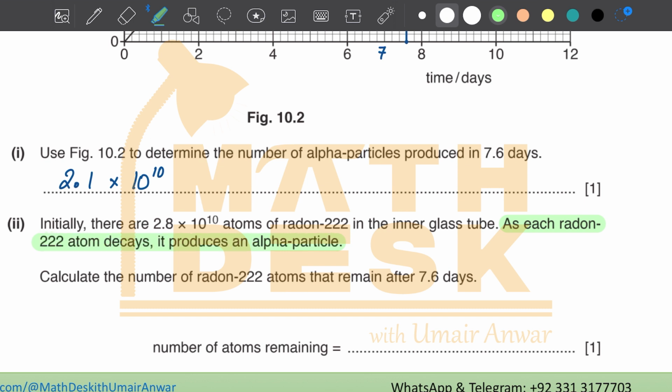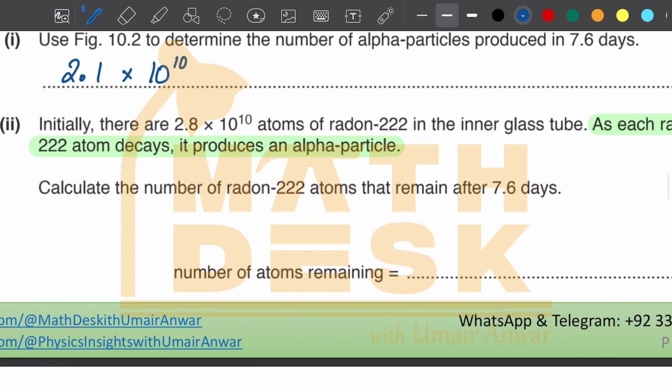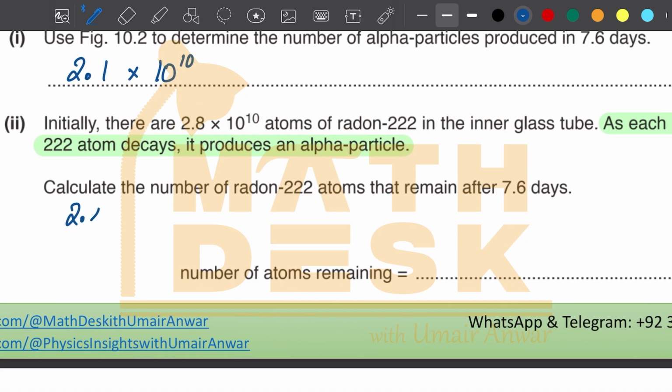Calculate the number of radon atoms that remain after 7.6 days. So for finding the remaining atoms of radon, we start with the initial value, which is 2.8 × 10^10, and we subtract the number of radon atoms which have decayed after 7.6 days, and the decayed atoms would be equal to the count of alpha particles after 7.6 days.